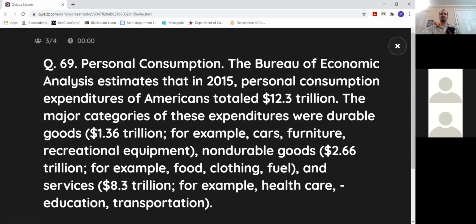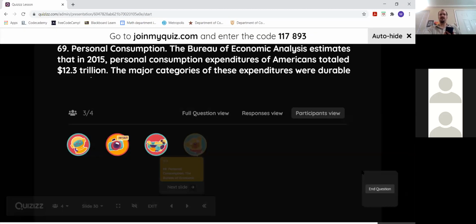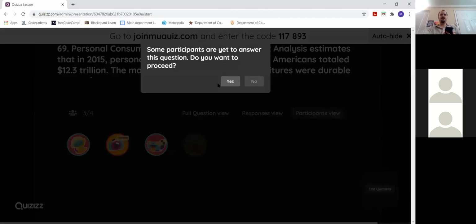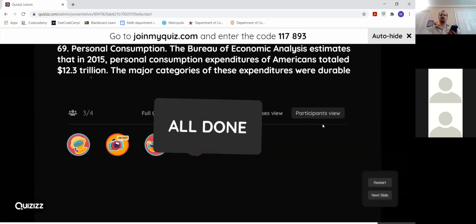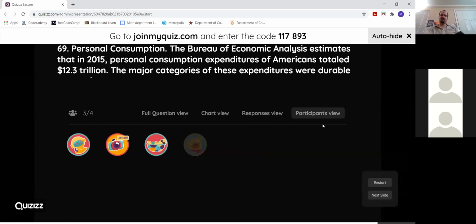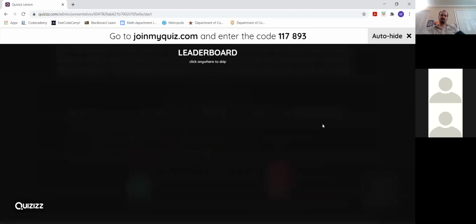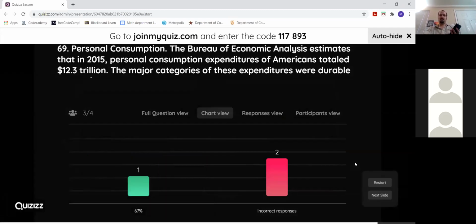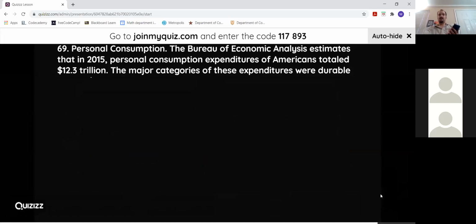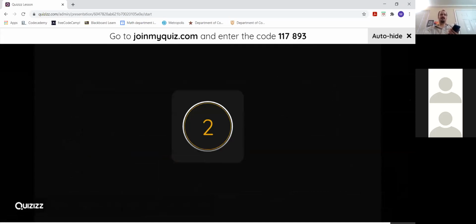So what percentage is services out of? 8.3 divided by 12.3 is giving me what, 67%? And then the next thing is another percentage.